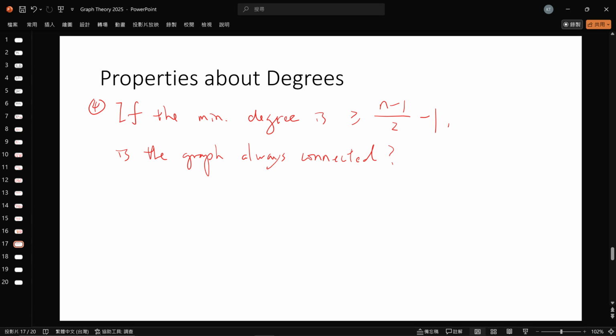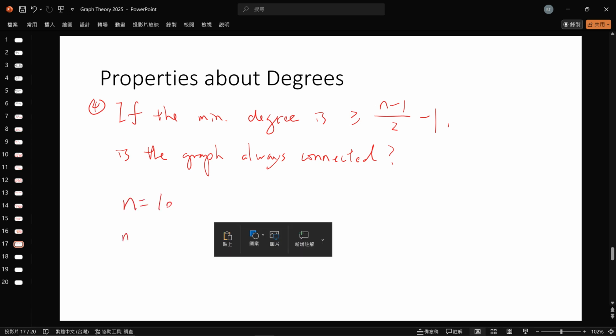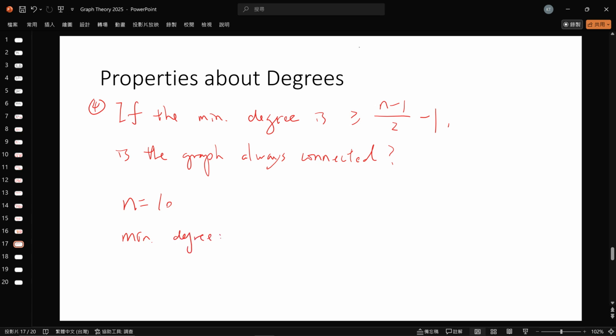Again, we can try, for example, n is 10. So the minimum degree will be 3.5, which means every vertex has at least 4 neighbors.